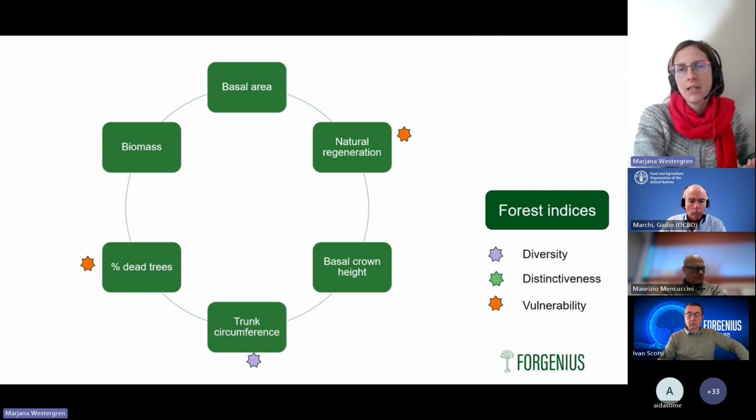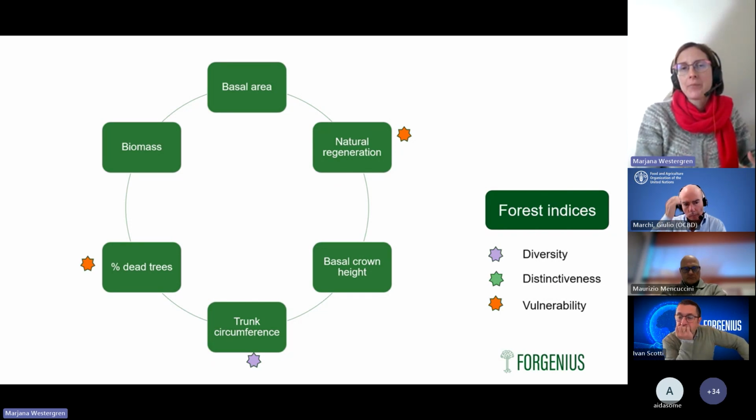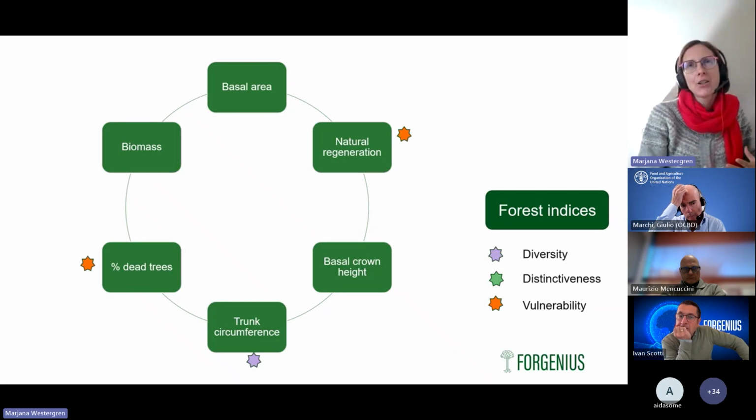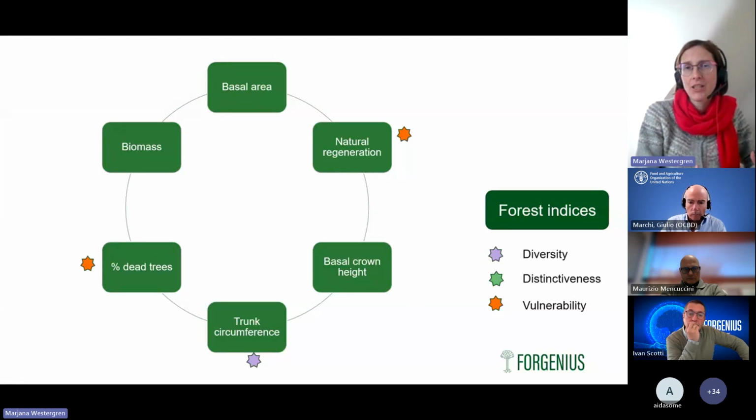And you can see here that we have selected, I will call it tagged, some for vulnerability and diversity. Why do we have indicators that are there but are not tagged as especially important for these 3 categories?